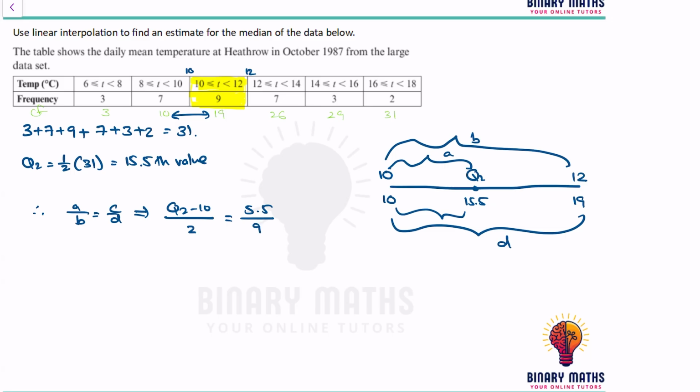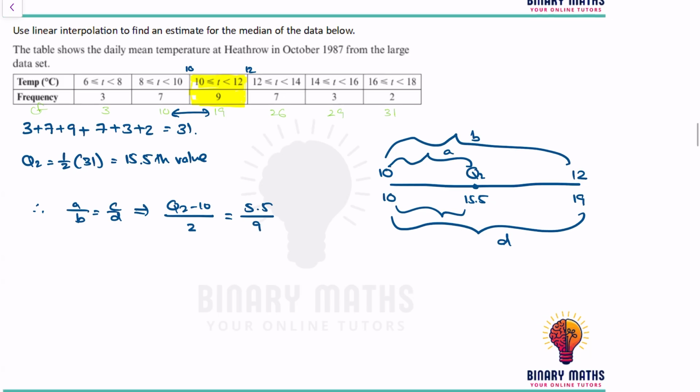So if I rearrange this, I get Q2 is equal to 5.5 over 9 times by 2, add 10, which means Q2 is equal to 11.2222 recurring. So to 2 decimal places, Q2 is equal to 11.22.